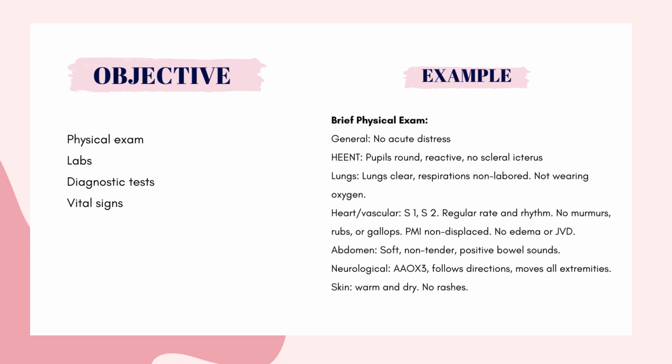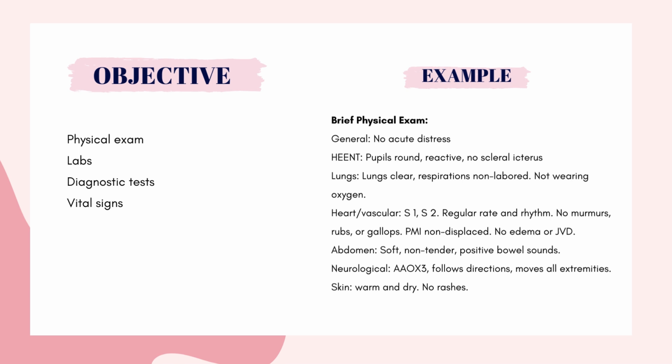So in general, include general findings such as no acute distress. HEENT, you could include pupils round, reactive, no scleral icterus. Lungs are clear, respirations non-labored, not wearing oxygen. Heart and vascular, S1, S2 heart sounds heard.